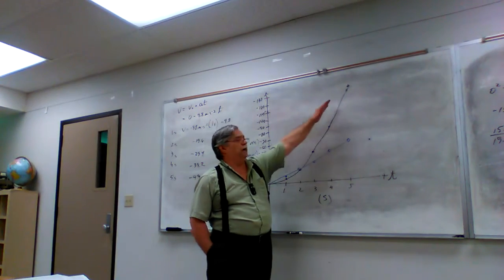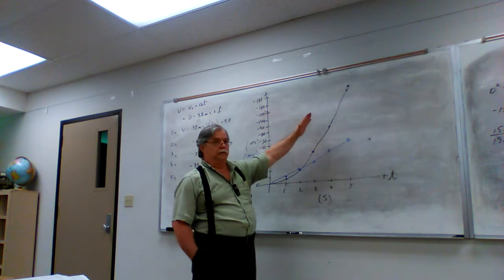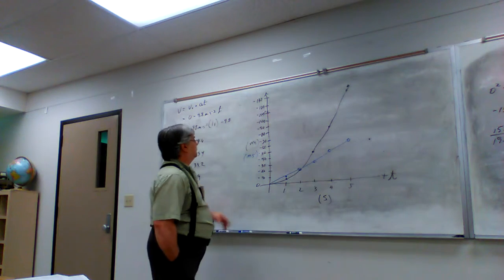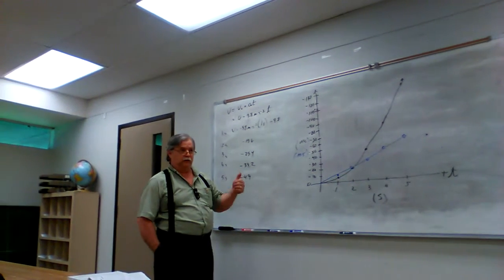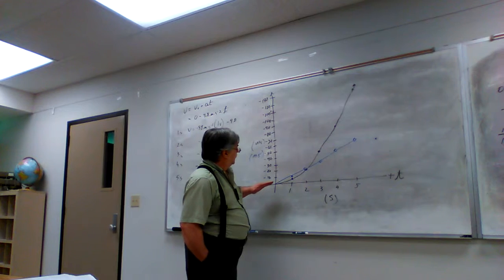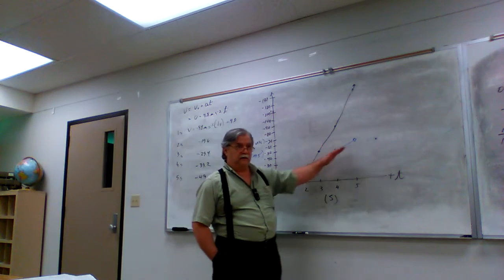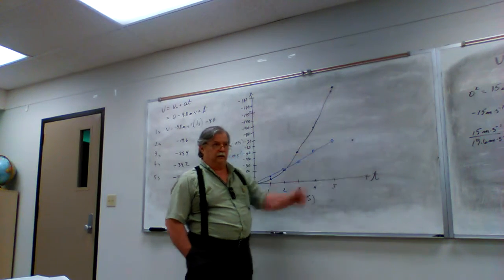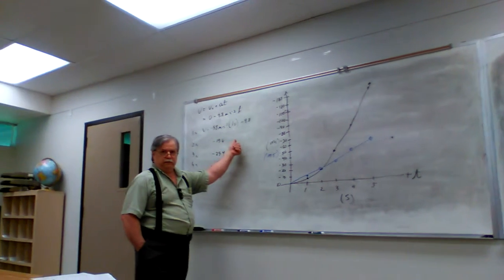This one is parabolic. It's nonlinear. Position is nonlinear. It's parabolic. It goes as t squared. Morning, Alexia. Velocity is linear. It goes as t to the power of 1.